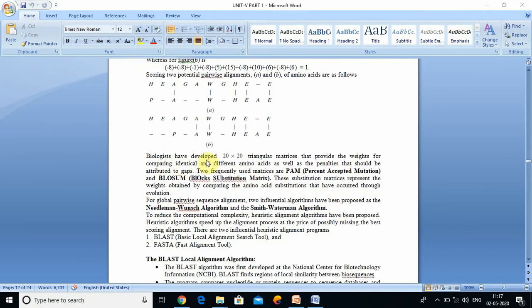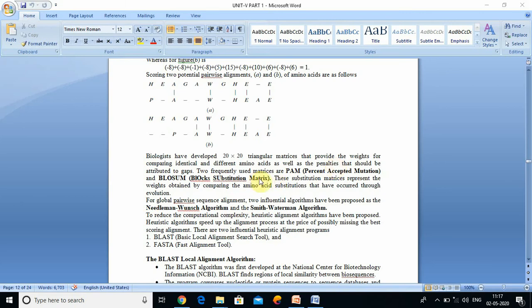Biologists have developed 20x20 triangular matrices that provide the weights for comparing identical and different amino acids, as well as the penalties that should be attributed to gaps.